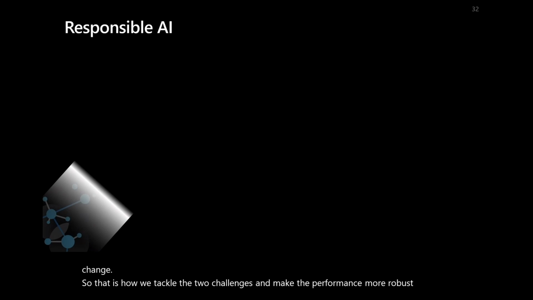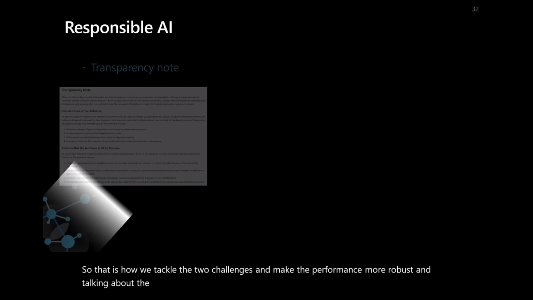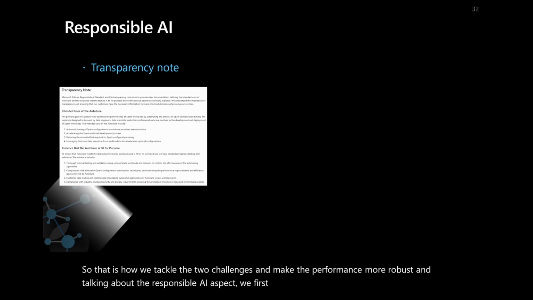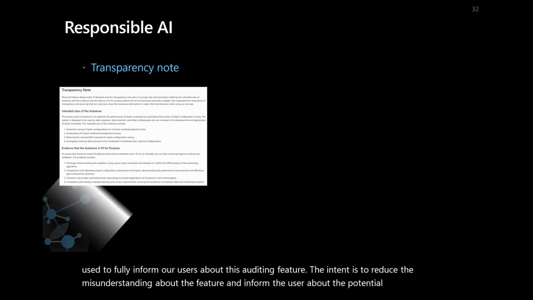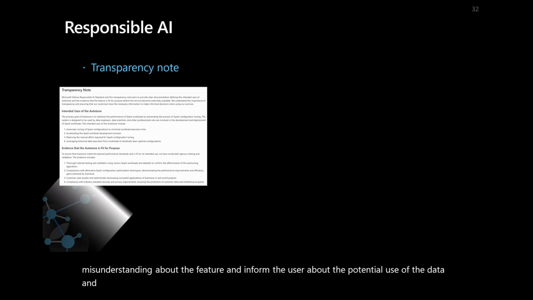And talking about the responsible AI aspect, we first developed a transparency note that can be used to fully inform our users about this Autotune feature. The intent is to reduce the misunderstanding about the feature and inform the user about the potential use of the data and inform them about the potential benefits.